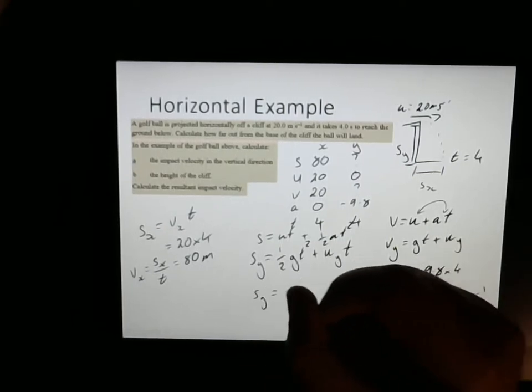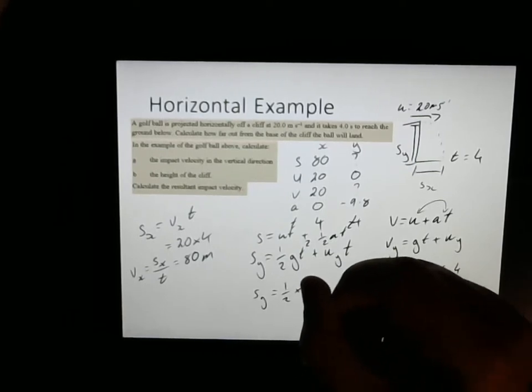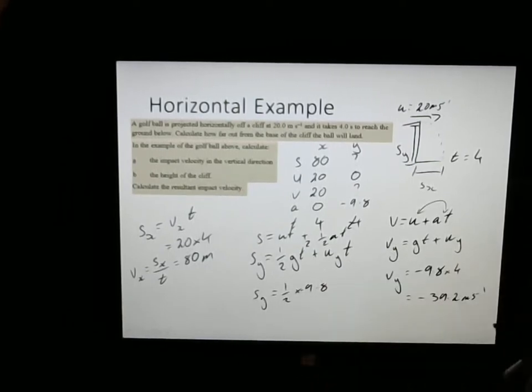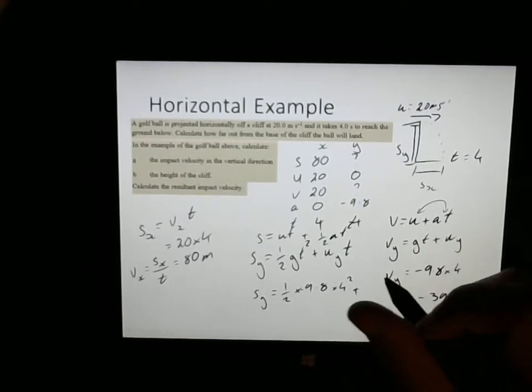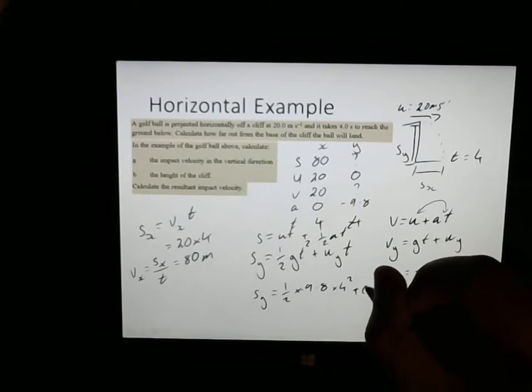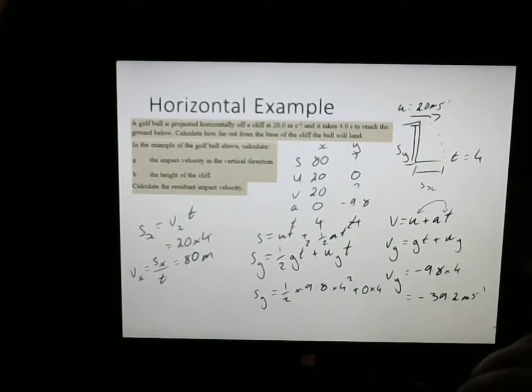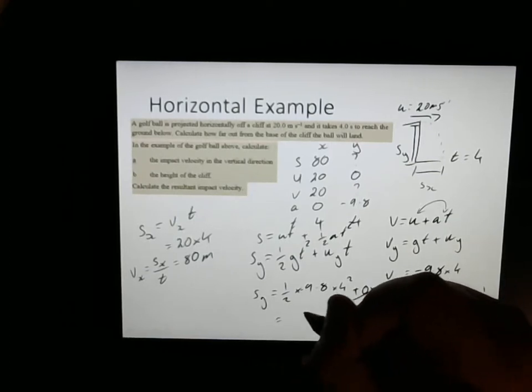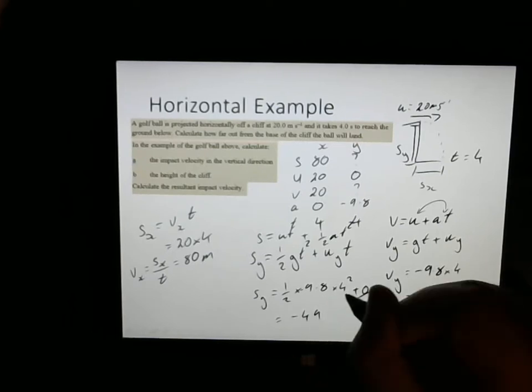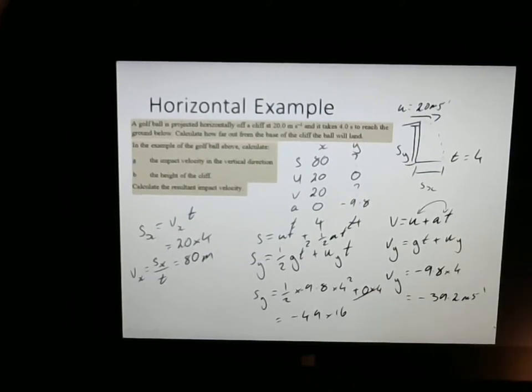So we need to find SY. SY is equal to half times negative 9.8 times 4 squared plus, now U of Y is equal to 0, and remember anything times 0 is just 0, so that is going to cancel. Half of 9.8 is equal to negative 4.9. 4 squared is equal to 16, so we have 4.9 times 16, which should be nearish 80 meters.